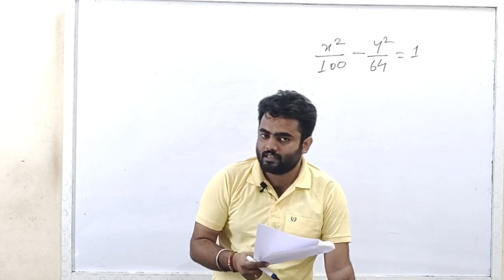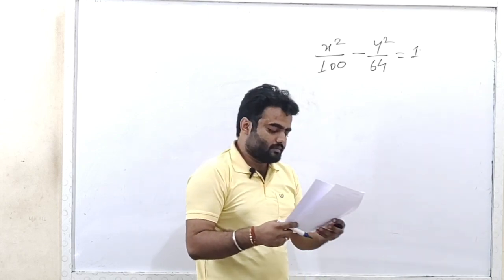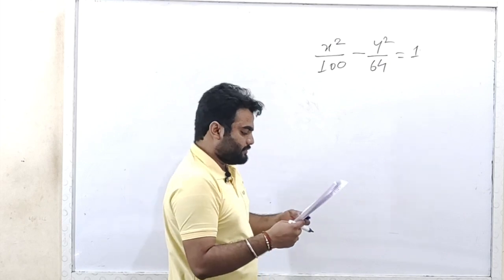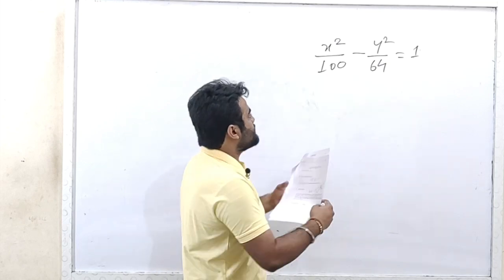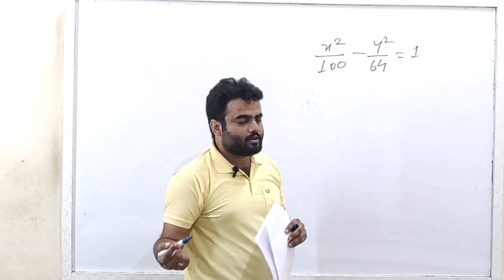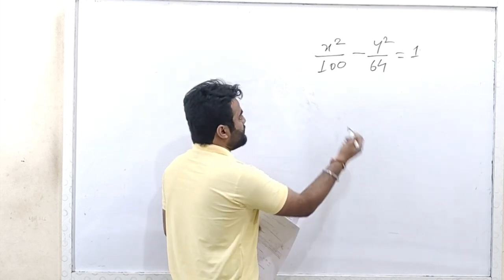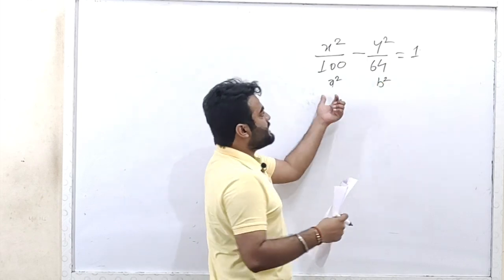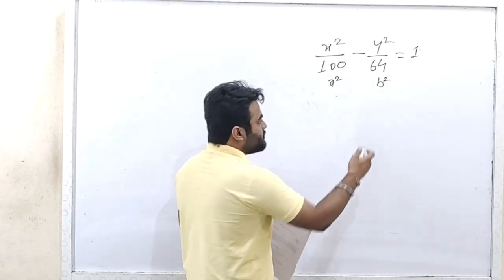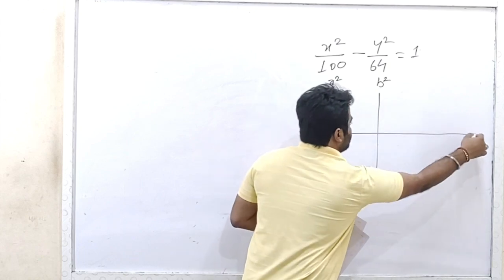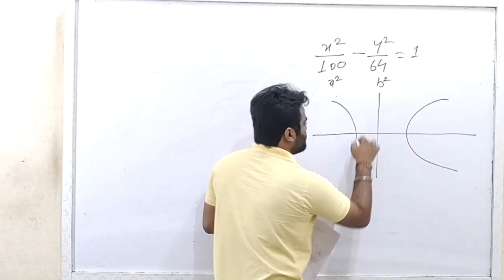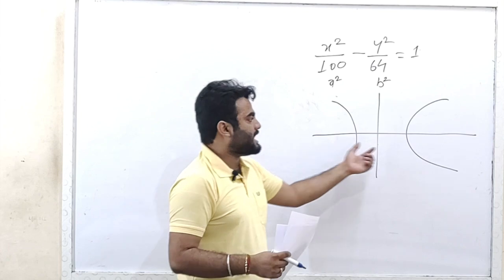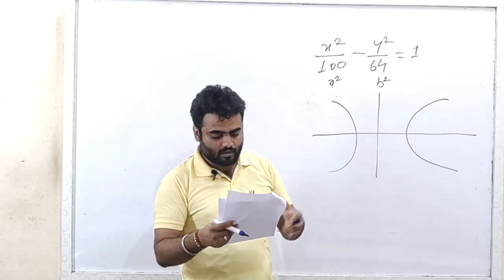Then it would be very easy to figure out what the question is asking. If you compare it with the standard hyperbola, this is considered to be a square and this is b square. Here you can see a is greater than b, so the hyperbola would be like this way. This is the hyperbola the question is looking for.